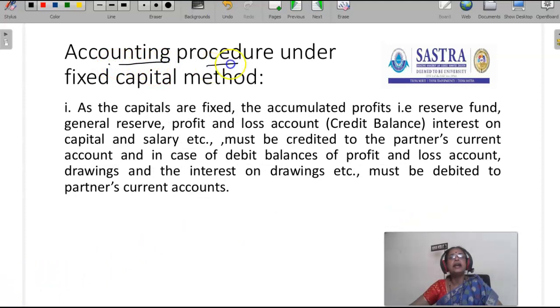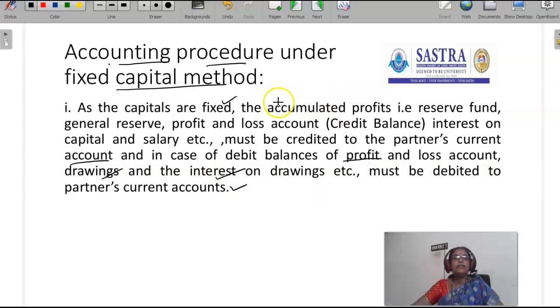Accounting procedure under fixed capital method. As the capitals are fixed, the accumulated profits, reserve fund, general reserve, P&L account credit balance, interest on capital and salary, etc. must be credited to the partner's current account. And in the case of a debit balance of P&L account, drawings and interest on drawings must be debited to the partner's current account.